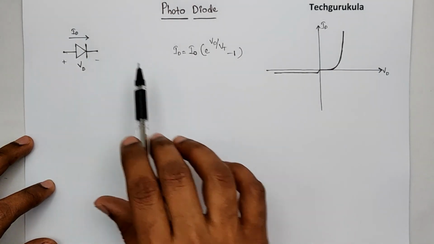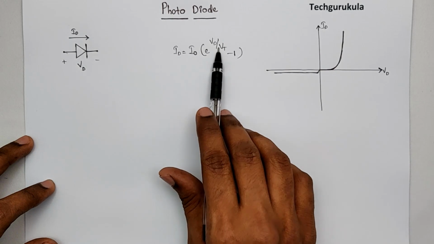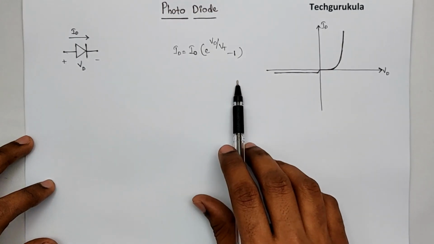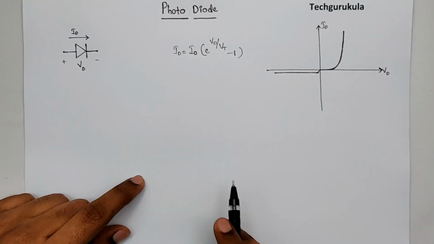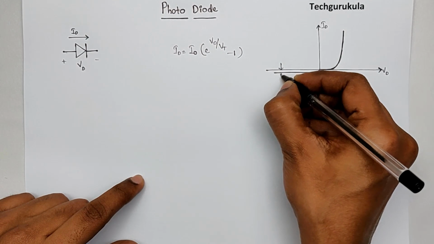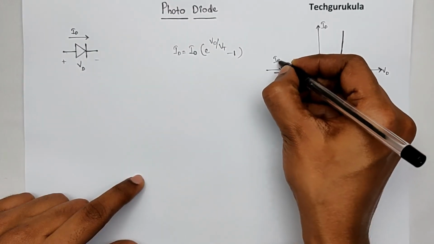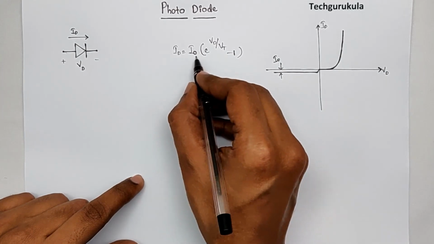The current equation for the diode is ID equals I0 times e power VD over VT minus 1. The characteristics are drawn here. In this characteristic, the value of current that is flowing, which we have represented as I0, is called the reverse saturation current.